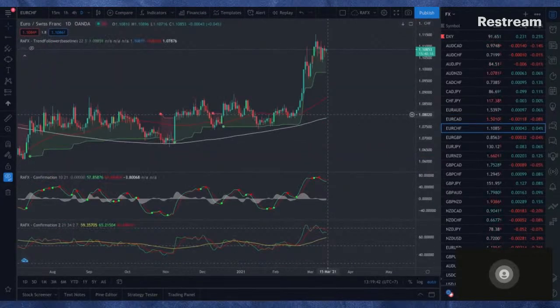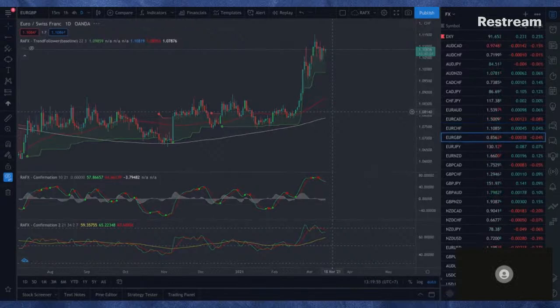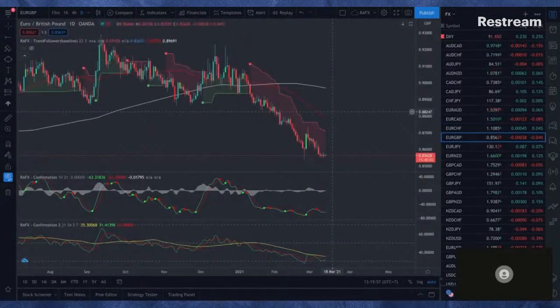Next is Euro CHF. It is still in an uptrend, but the price is too far from the baseline, so we will skip this one as well. For Euro GBP, the same. It is in the downtrend, but the price is too far from the baseline.